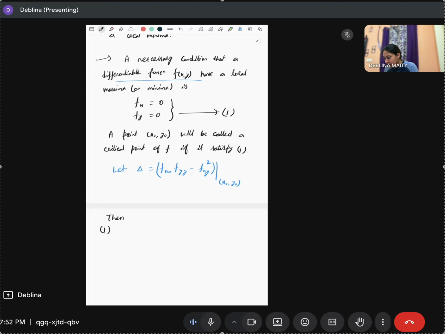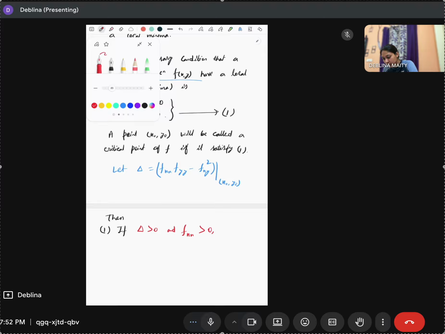Then the first condition is, if delta is greater than 0 and fxx is greater than 0, then (x naught, y naught) is a local minimum.